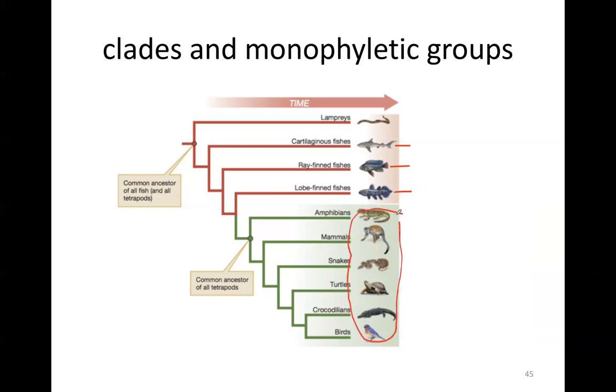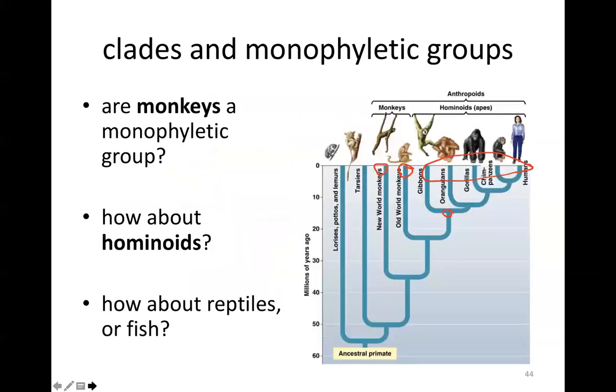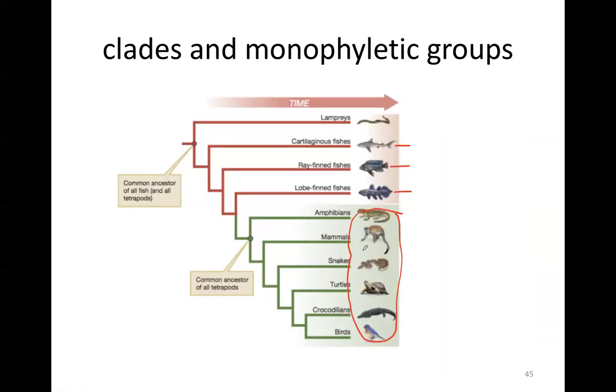So first we can ask, are tetrapods a monophyletic group? The answer is yes, right? They all share a recent common ancestor, and all the descendants of that common ancestor are tetrapods. How about reptiles? So this is a reptile.